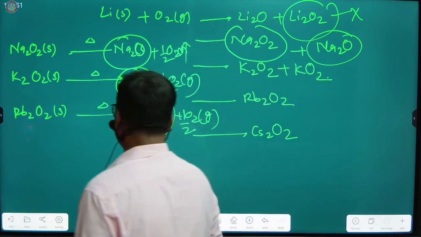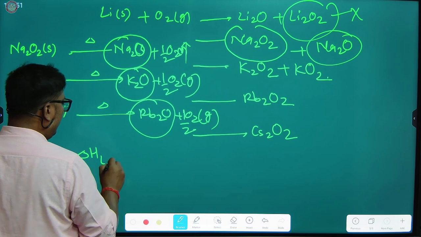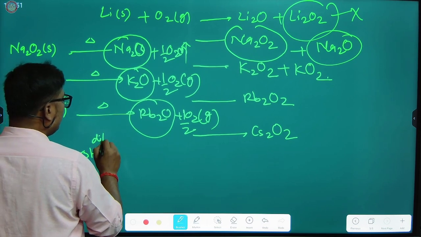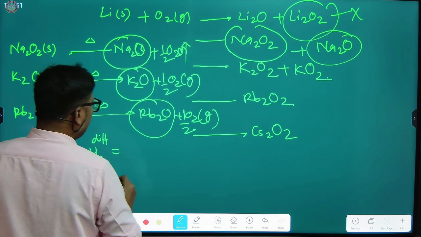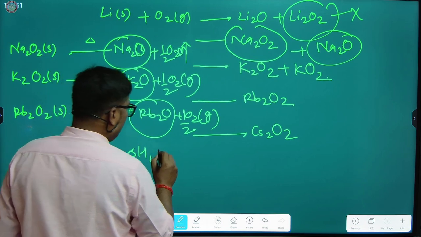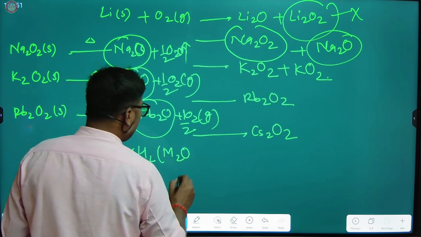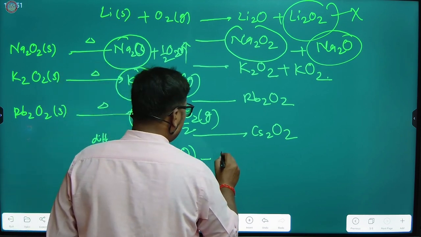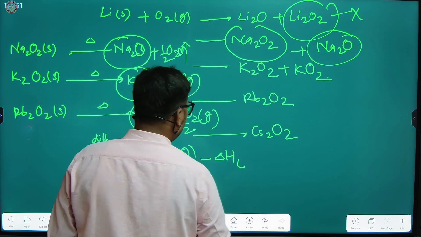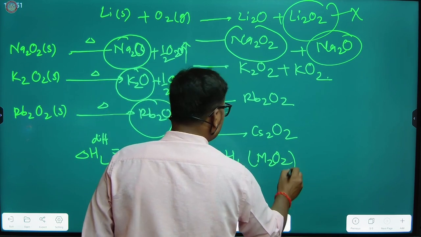So the lattice enthalpy difference, delta HL difference, is equal to delta HL of M2O minus delta HL of M2O2, right?